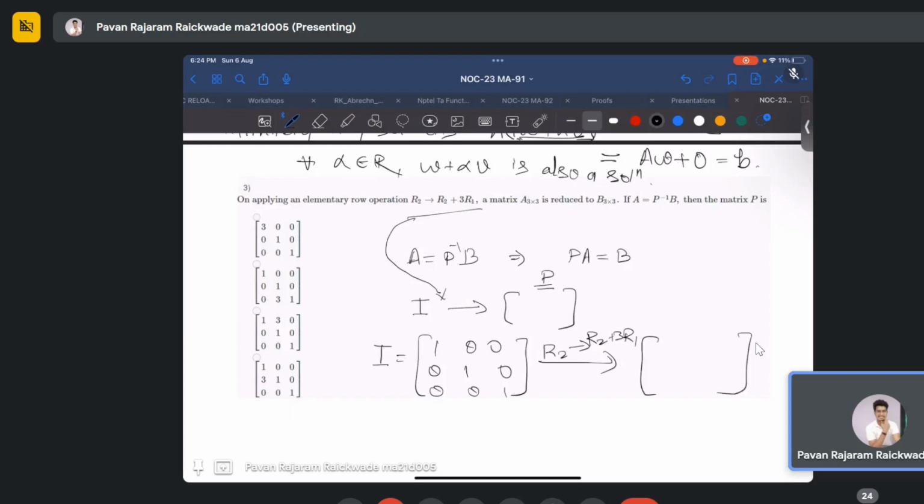Then I'll get the matrix as 3 1 0 0 0 1. And which one is that? So this is option D. This is a very simple problem.